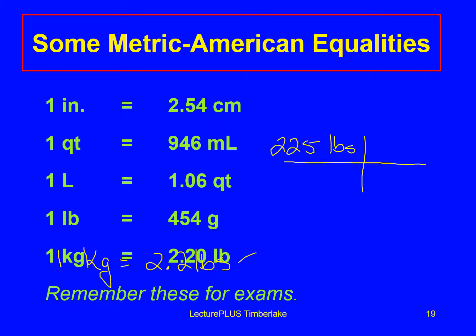Remember, we could set this up in 2 different ways. We can make fractions 2 different ways. I can put kgs on top over 2.2 pounds, or I can flip it around: 2.2 pounds over 1 kg. Hopefully you can see that I would have to use this one here.